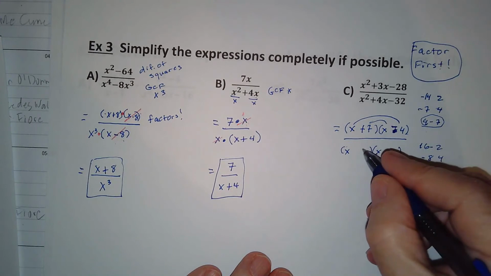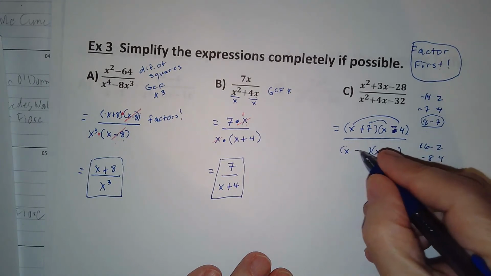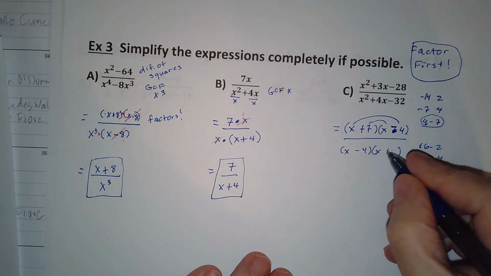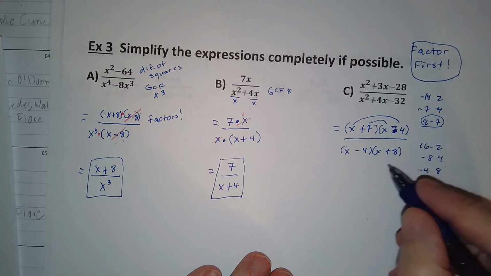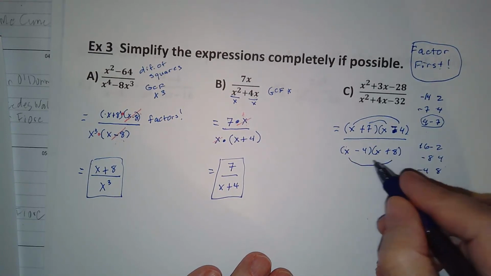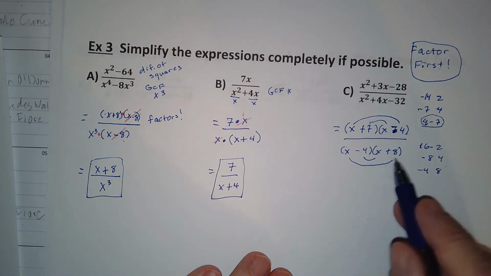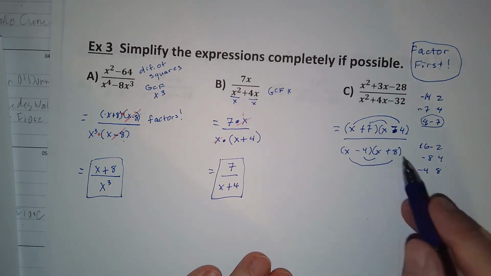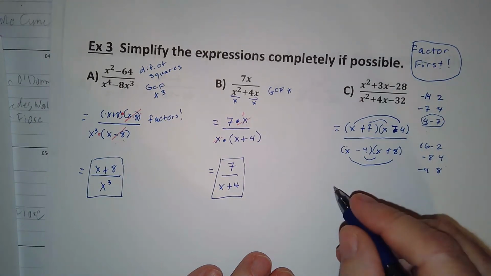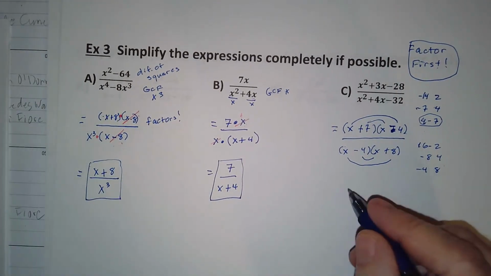So negative 4 and positive 8. And so again, do the double bubble thing here, and you know that 8x minus 4x leaves you with positive 4x. Okay, so let's clean this up now.